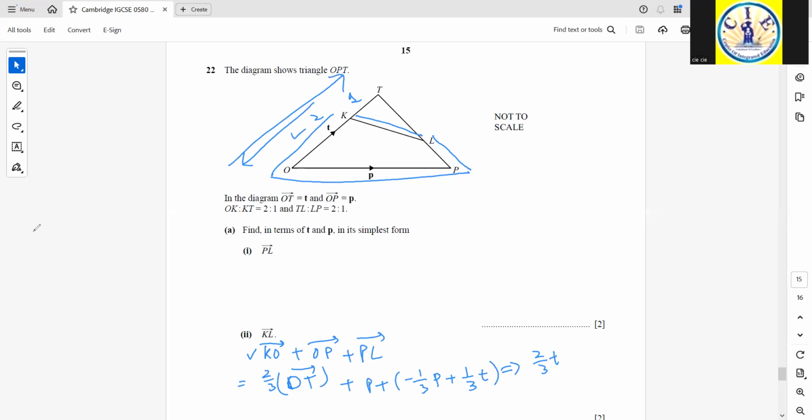So we can have this as 2 by 3 of negative T, then plus P, and then minus 1 by 3P, and then plus 1 by 3T.